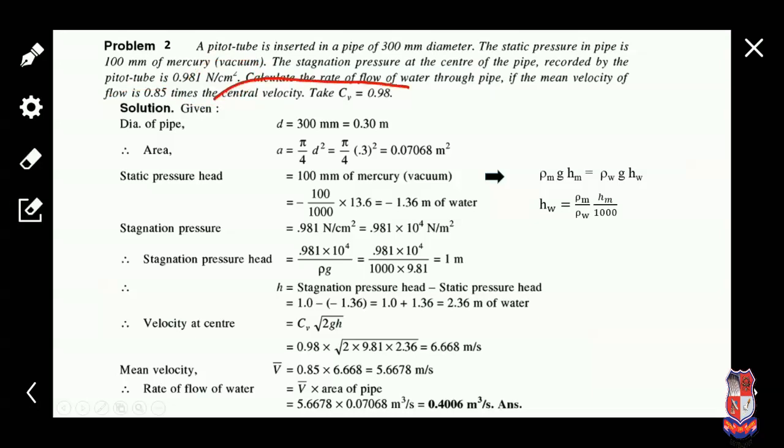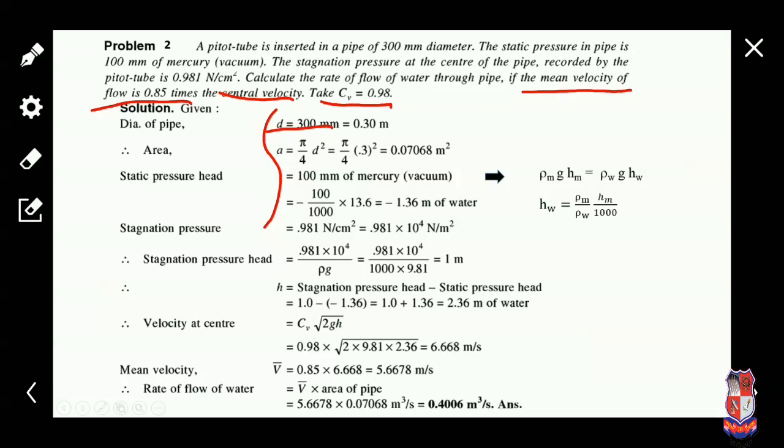Calculate the rate of flow of water through the pipe if the mean velocity of flow is 0.85 times the central velocity, and take Cv equal to 0.98.